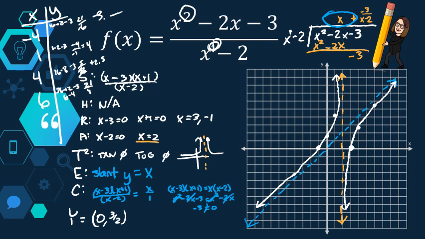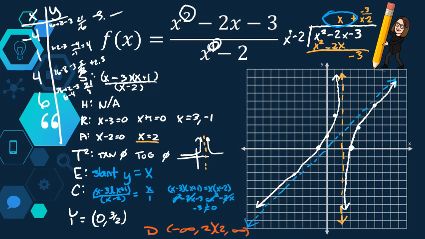Okay. Let's talk about domain and range now, our last little piece of information. Hang in there with me, okay? Domain. Domain goes from -infinity all the way to the right to 2. It doesn't touch 2, there's my vertical asymptote, but it picks back up at 2 and goes all the way to infinity.